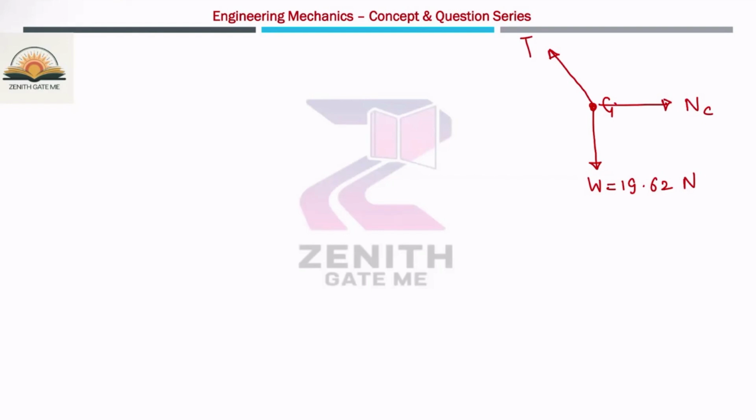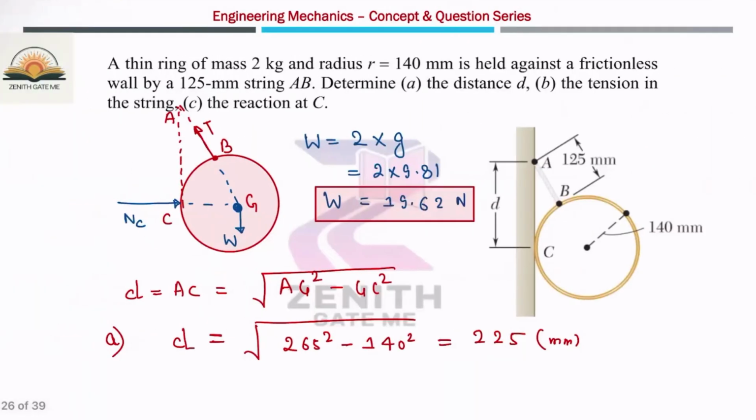Once you calculate the angle of the tension in the string with the horizontal, your problem will be solved. For that, you can use this particular triangle ACG. Let us suppose this is the angle theta. What is the value of cos theta?